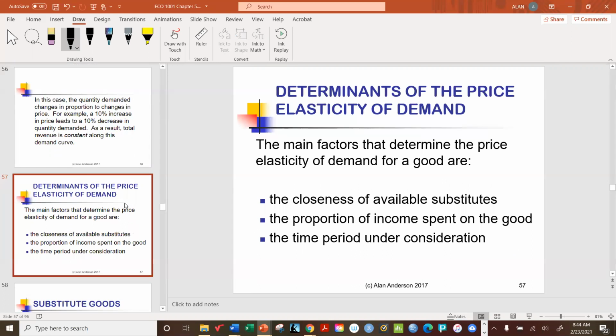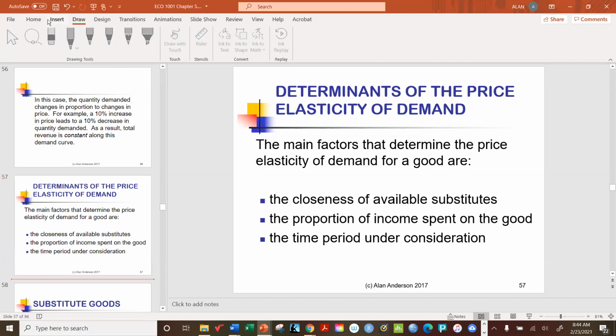Now, we also briefly discussed why some products have such high elasticities of demand and others have such low elasticities of demand. And really, the factors that determine this come down to these three: the closeness of the available substitutes. Now, by the way, just because two goods are substitutes doesn't necessarily mean that they're close substitutes.